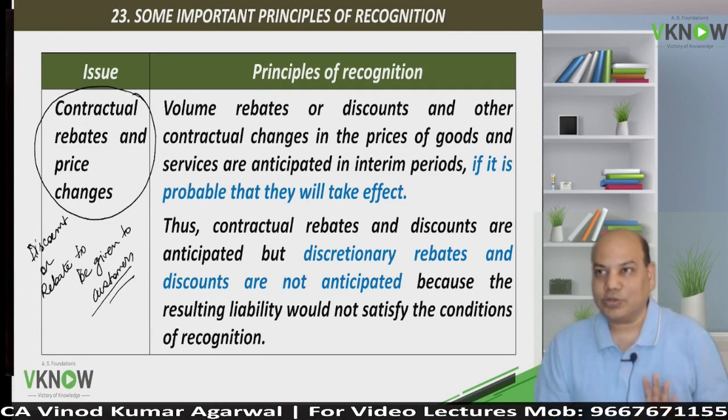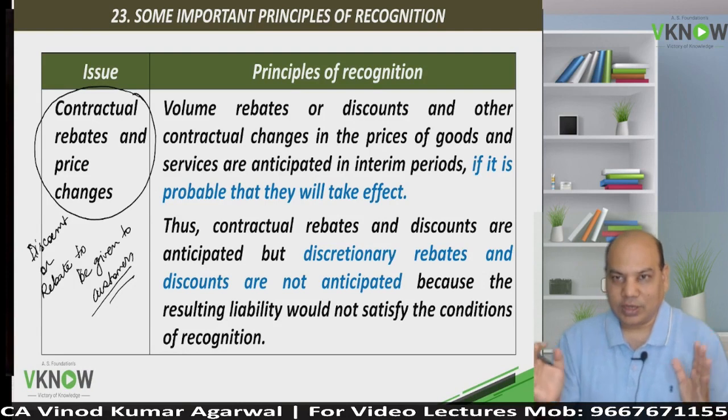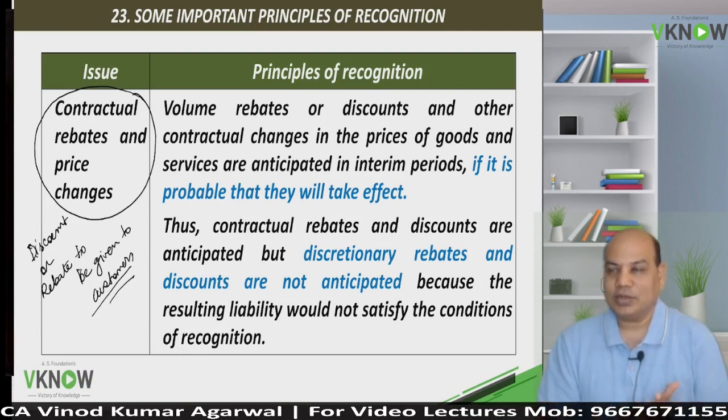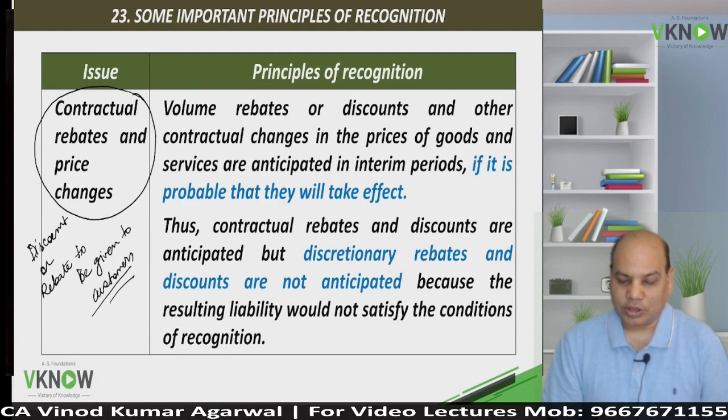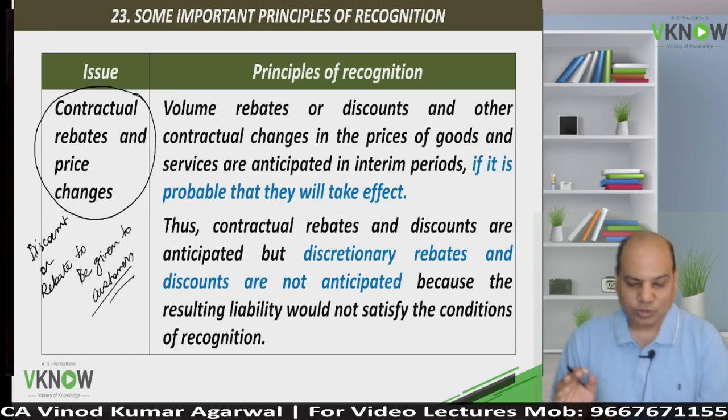First you complete 1000 units and you have given him 1 year target to achieve that sales target of 1000 units. You may be in quarter 1. In quarter 1 he has not achieved that target. Are you going to make a provision for discount and rebate that you have promised to your customer?